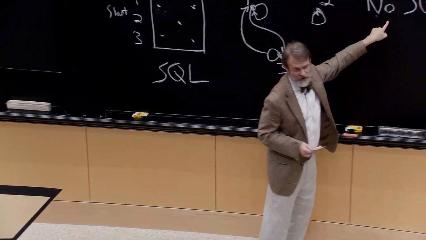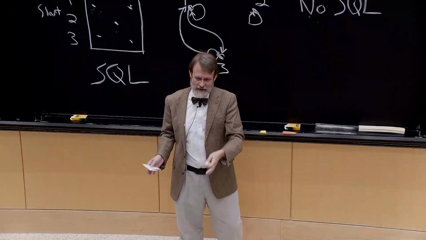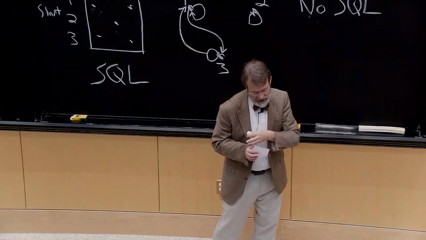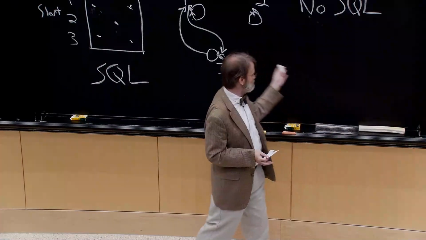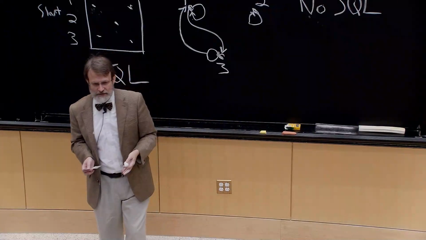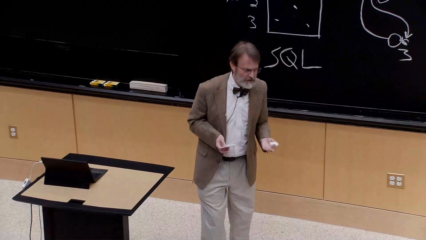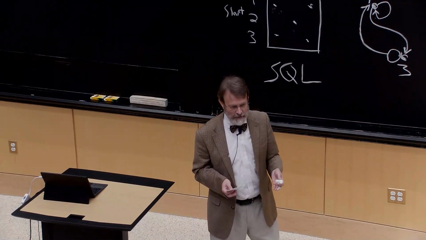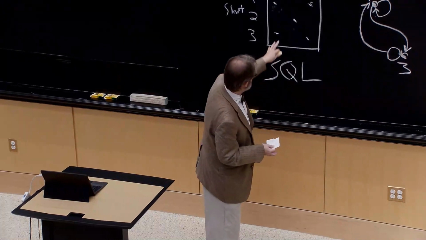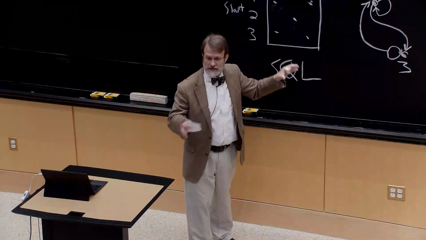This actually stands for not only SQL. It means SQL is great, but if we enhance it or add some things to it, it can do this problem better. And the most famous one of these was produced by Google about 20 years ago, and it was for storing a table like this that stored every single web page on the internet.